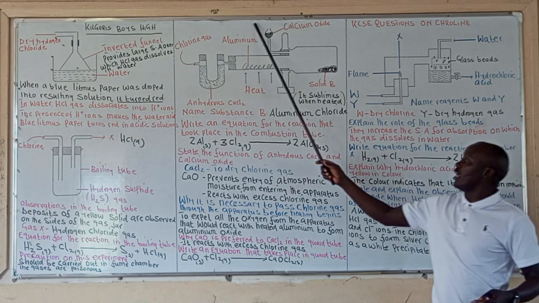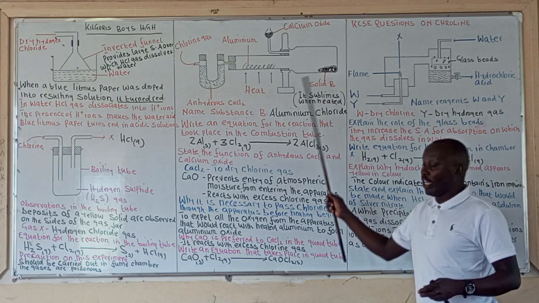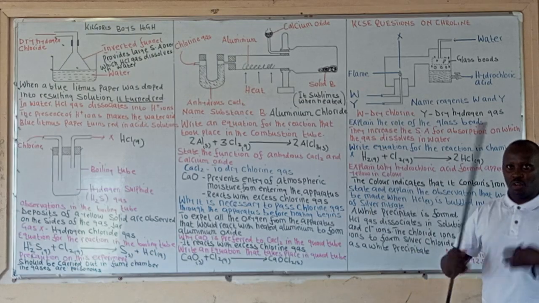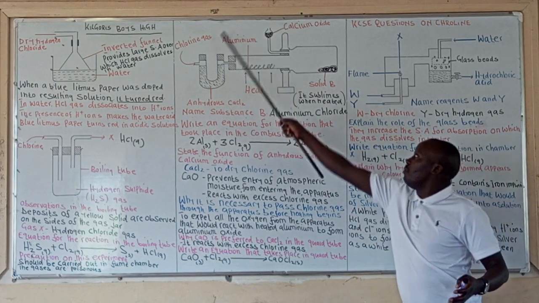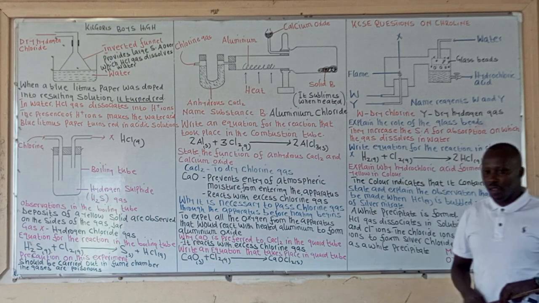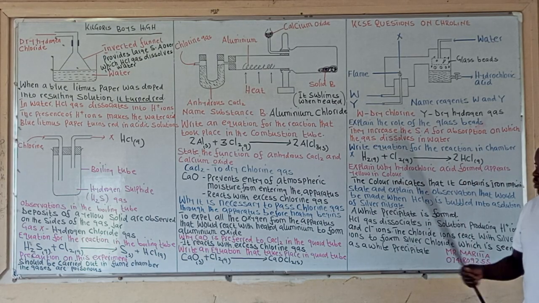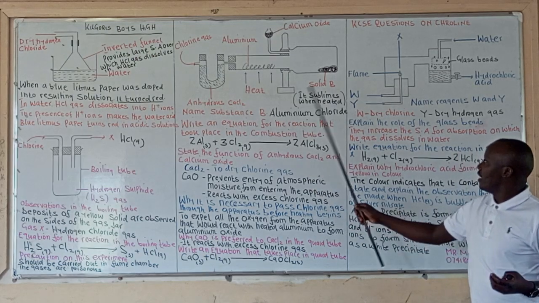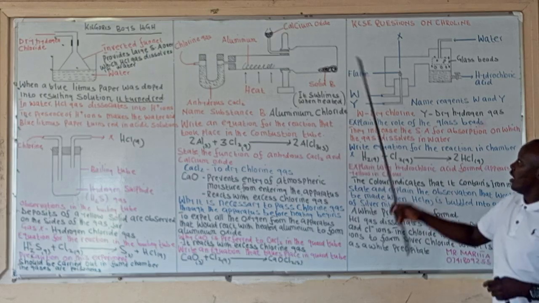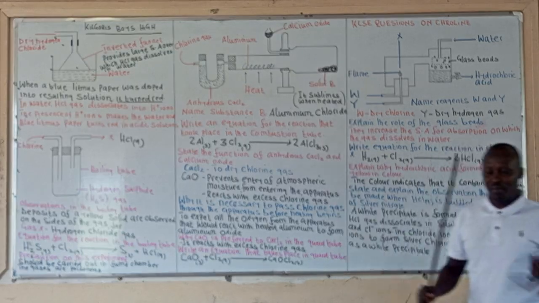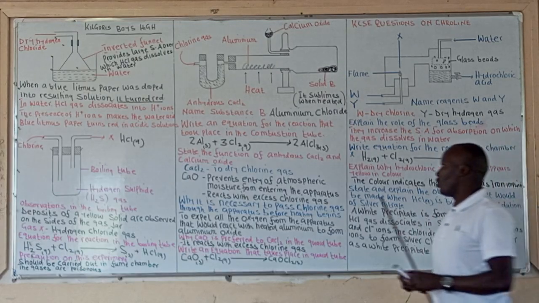Also, in place of this aluminum, you can also use iron metal. So instead of collecting aluminum chloride, you can also collect iron 3 chloride, in this case if you are using iron metal. Now, what are some of the expected questions from here? You are supposed to name substance P. Substance P, as I've already said, is when chlorine gas combines with aluminum, and you get this solid as aluminum chloride.